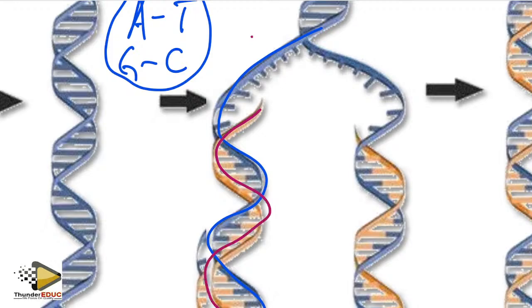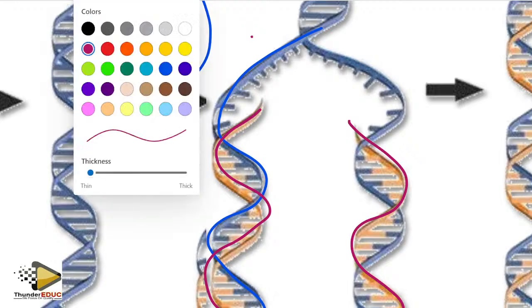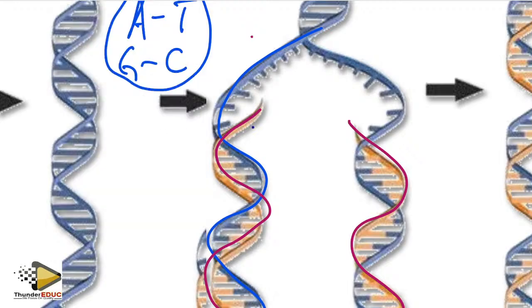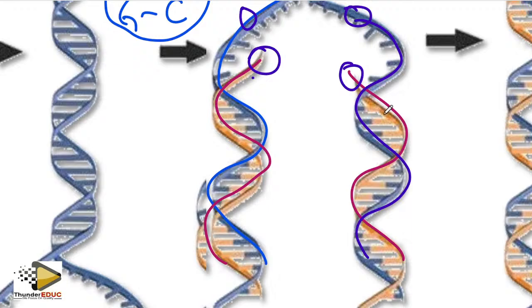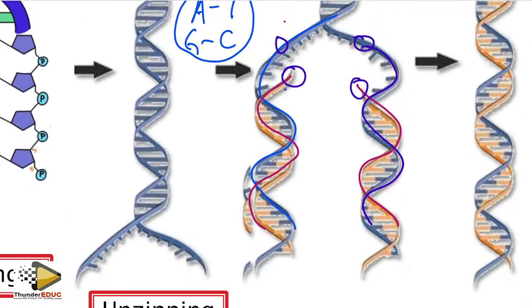It has a new strand there, and then it has an original strand. It forms two new DNA, each with one original strand and one new strand. These two DNA are genetically identical, and this process is controlled by an enzyme.